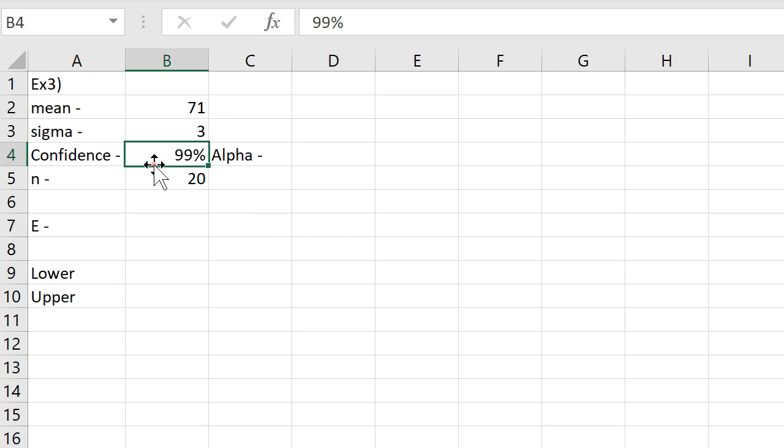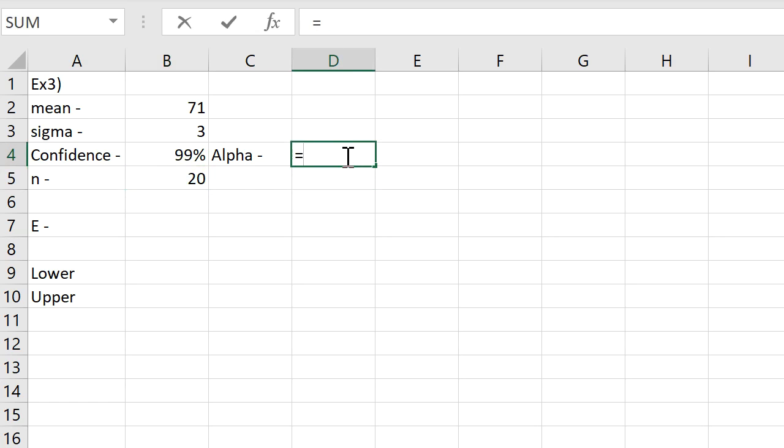There we go. So the mean from the problem, that was 71 inches. Our standard deviation was 3 inches. Our confidence interval that we want is 99%. And n was 20 because we had a sample of 20 men.